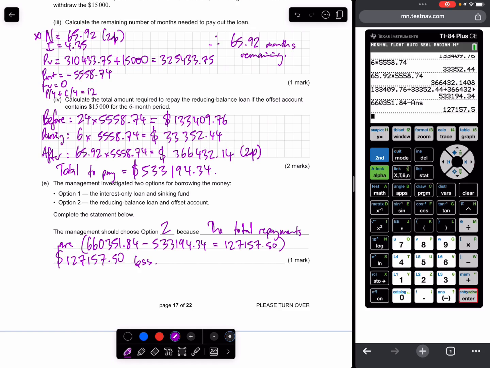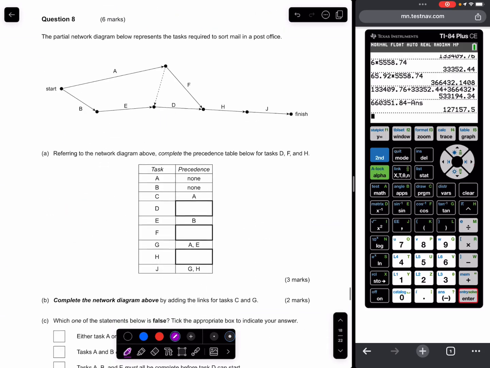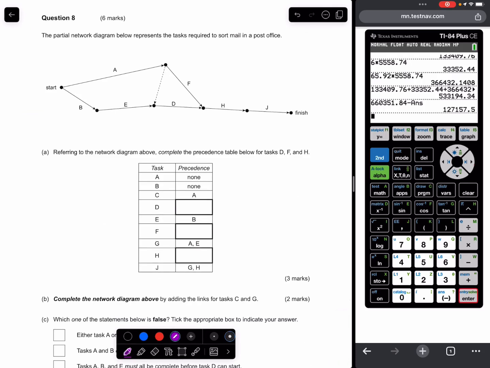It's over $125,000 less for option 2. Page 17 done. Question 8.